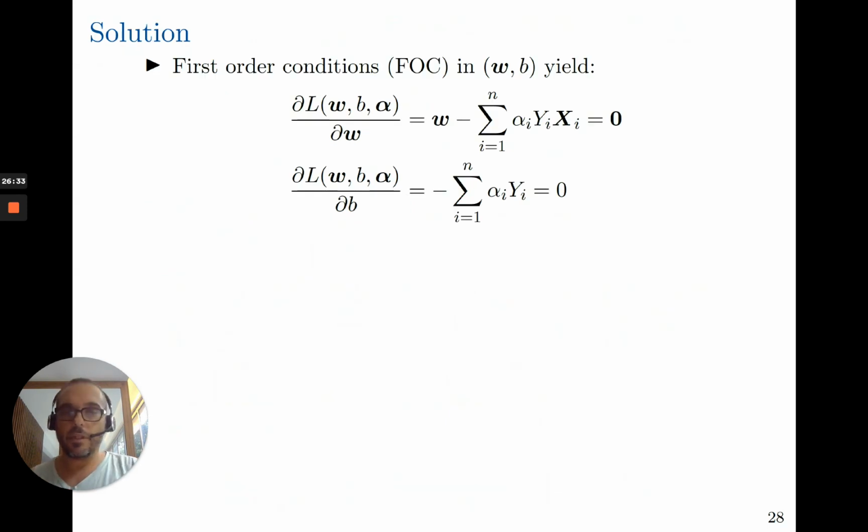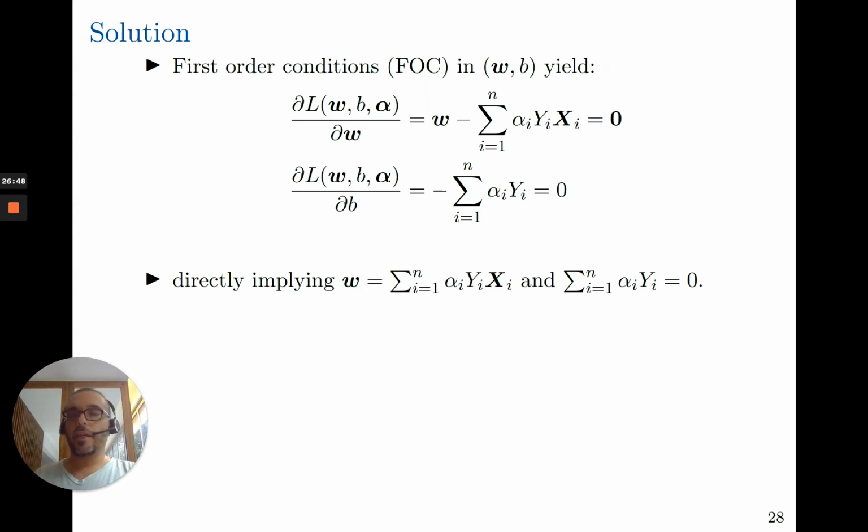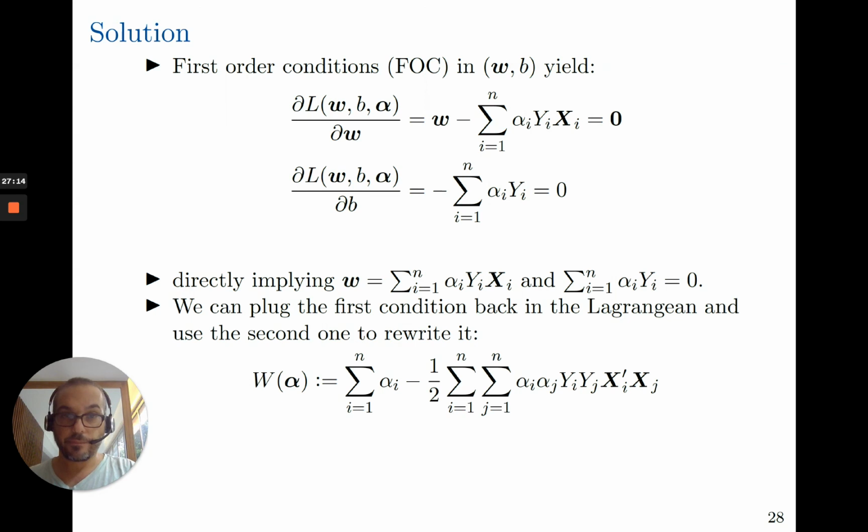On your slide you can see the first order conditions: the derivative of the Lagrangian with respect to W and with respect to b. Then we can easily find that W will be given by the sum of the product of these three terms: the Lagrange multiplier, the y's, and the x's. And we also have another restriction, that the weighted combination of y's, where the weights are given by the Lagrange multipliers, should be 0.